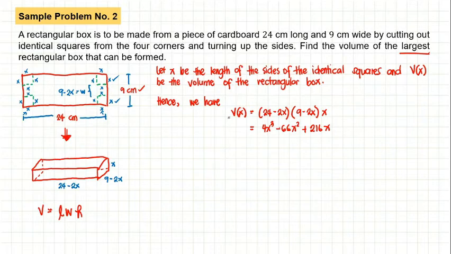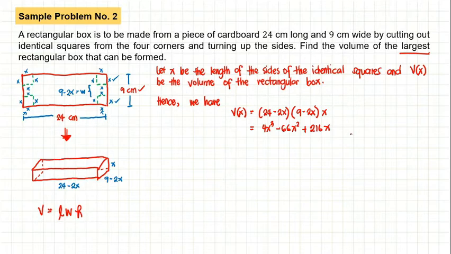Since we have 9 centimeters in our width, the maximum value of x to form four squares will be half of this width, and that is 4.5. Because more than 4.5, we can no longer form four squares.